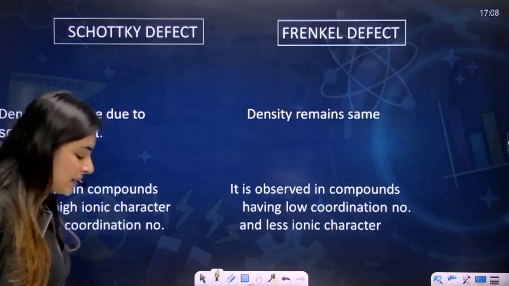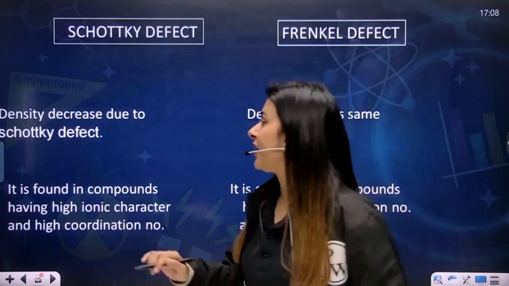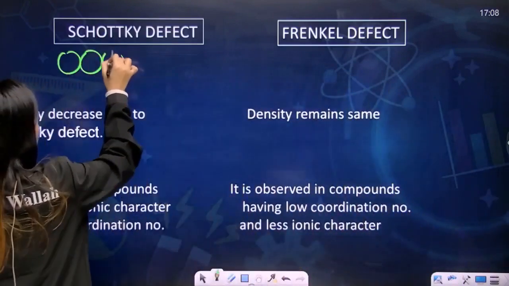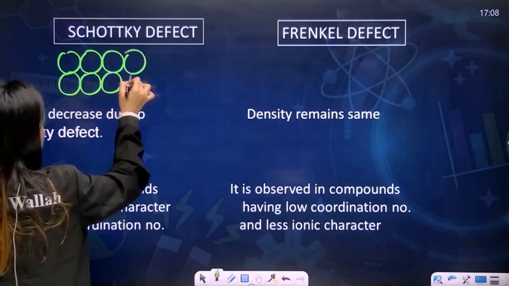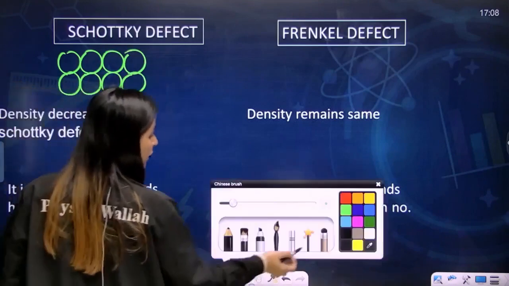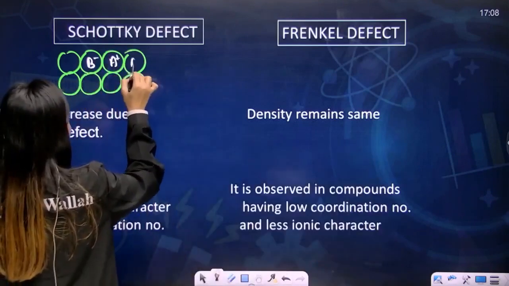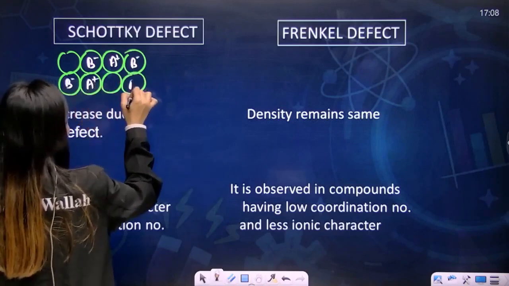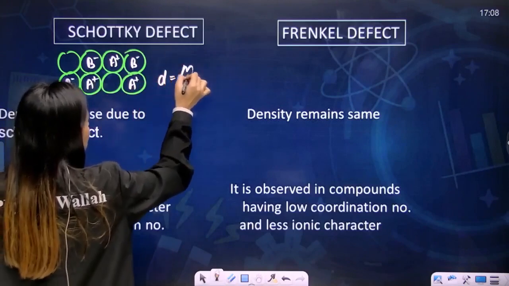Now, my dear students, in Schottky defect, you know that an equal number of cations and anions are leaving, and the mass is due to the cations and anions only, right? So if I talk about density, it is mass by volume.